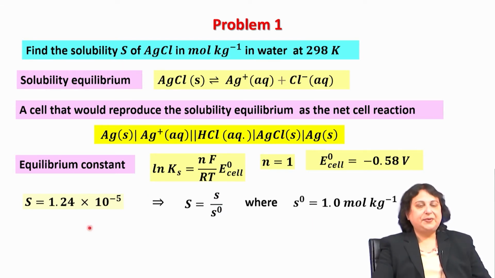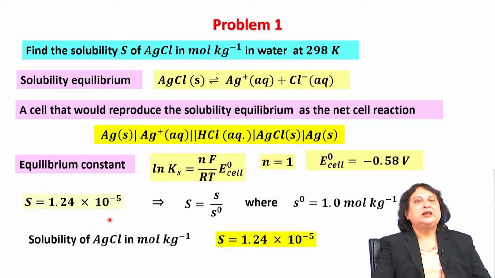Therefore, whatever I have obtained here is actually the solubility of silver chloride in moles per kg. So, if anybody asks you at the end of the exercise, what is the solubility of silver chloride? You must be able to say that the solubility is 1.24 into 10 to the power of minus 5 moles per kg at 298 Kelvin, and that is a very small number, which is characteristic of any sparingly soluble salt in water.